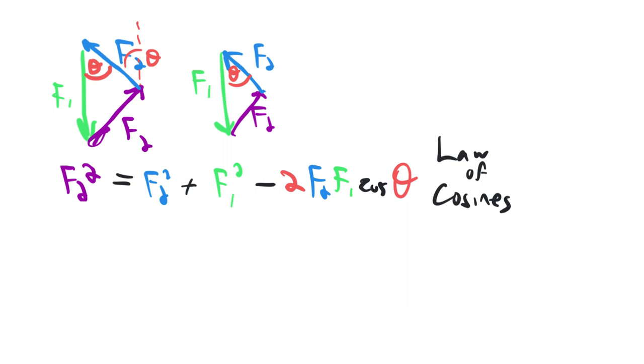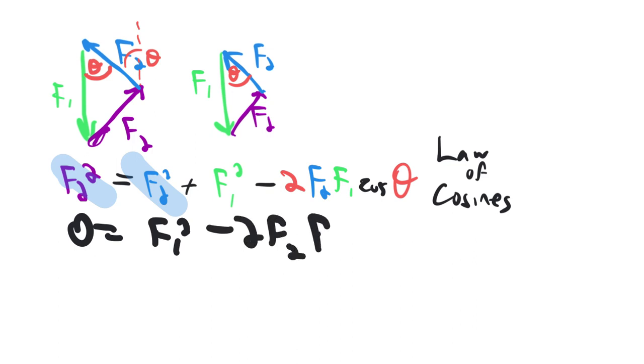Now we can simplify it a bit. We can look here and say, hey, look, this F2 and that F2 cancel out. And so we're left with an equation that looks something like 0 equals F1 squared minus 2 F2 F1 times cosine theta.